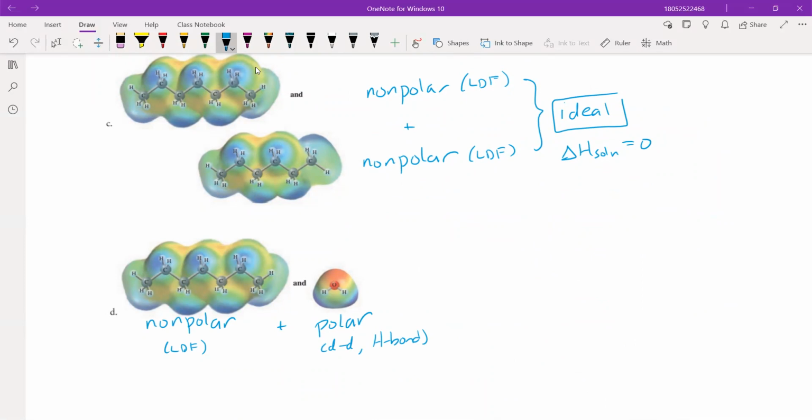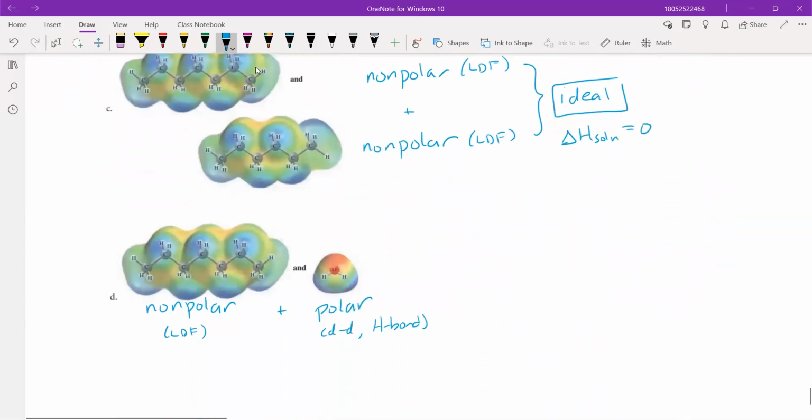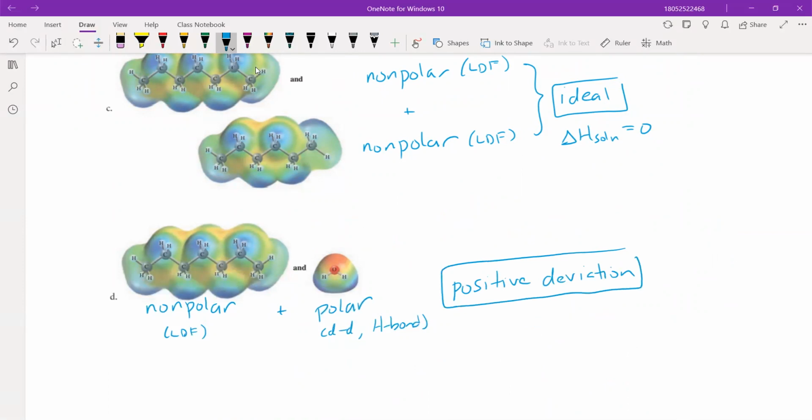It just has carbons and hydrogens. So from water's perspective, you end up putting in more energy than you really get out when you mix them together. So when you take into account those relative forces, this ends up being a positive deviation. So you want to associate polar and nonpolar with positive deviation, delta H of solution being positive, endothermic, getting cold, all that jazz, right?